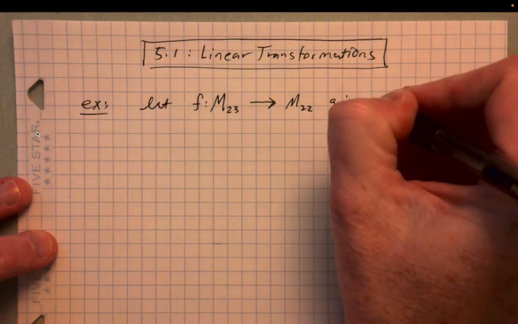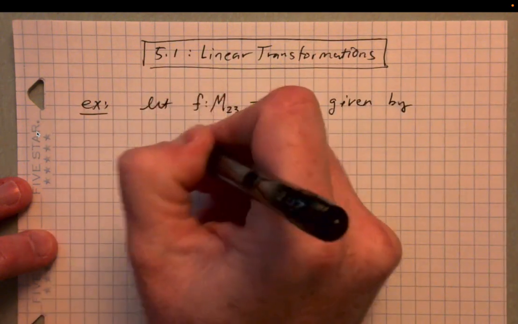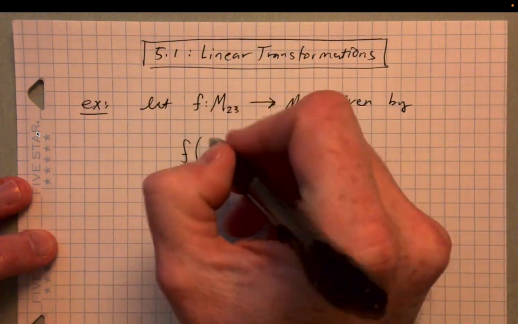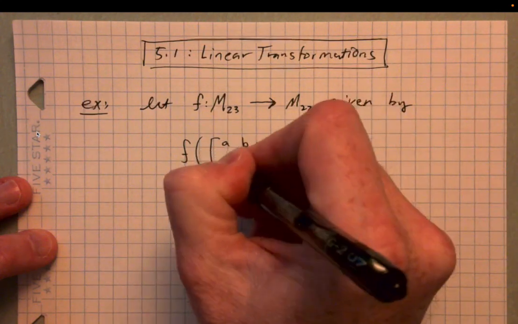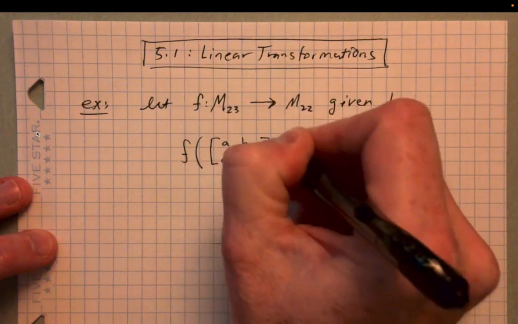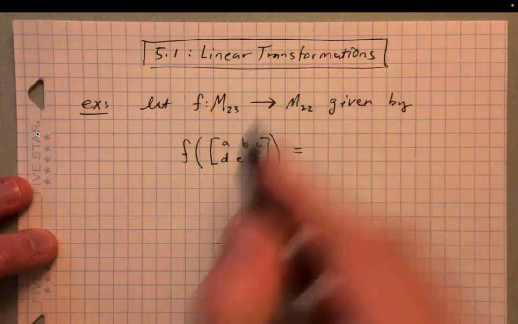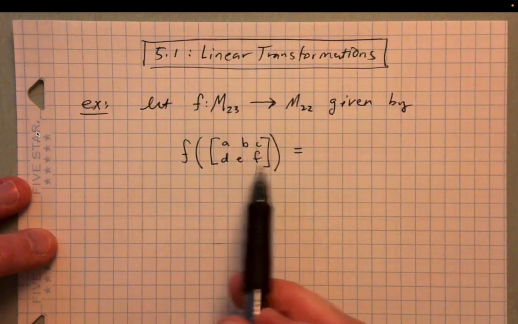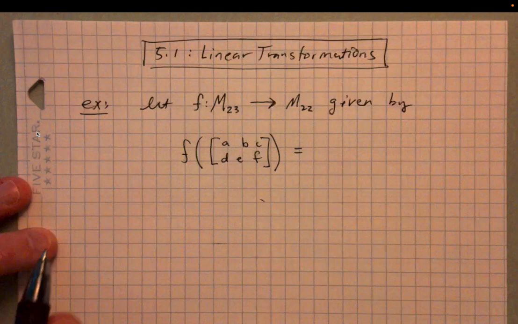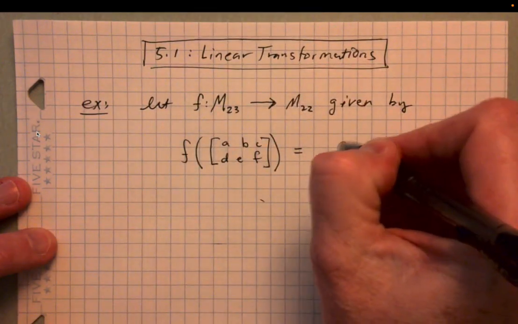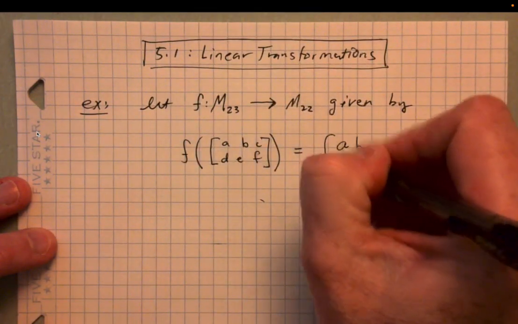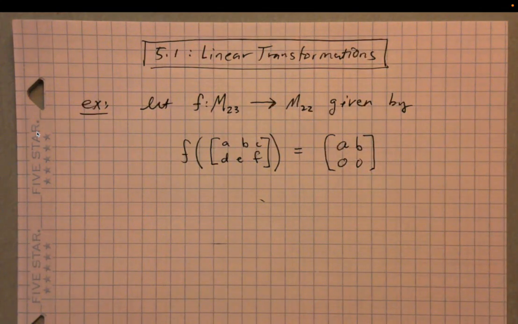So we'll say this is the function given by, if I take f of my matrix A, B, C, D, E, F, a 2 by 3 matrix, and apply f to it, what I get out is A, B, 0, 0. So f in this case is a function that maps one vector space, namely M23, into another, M22.